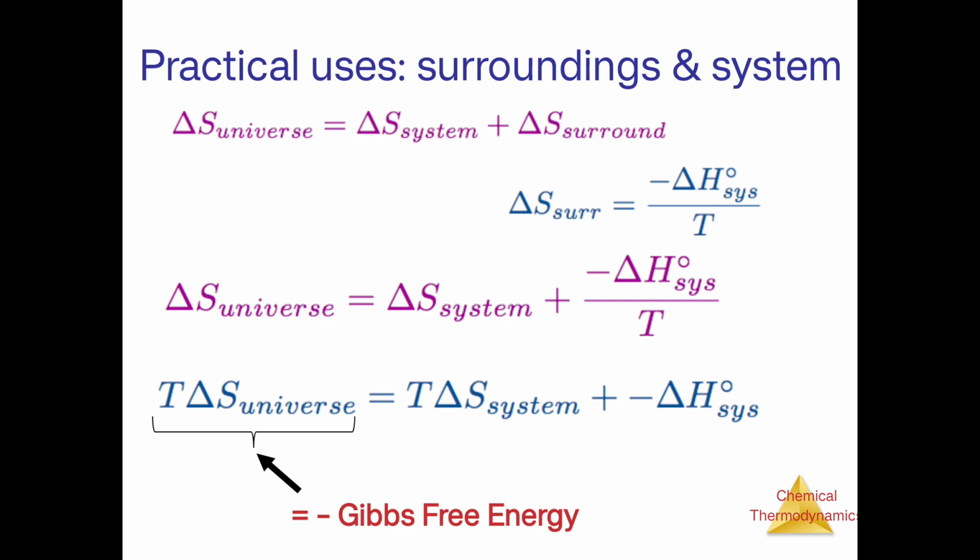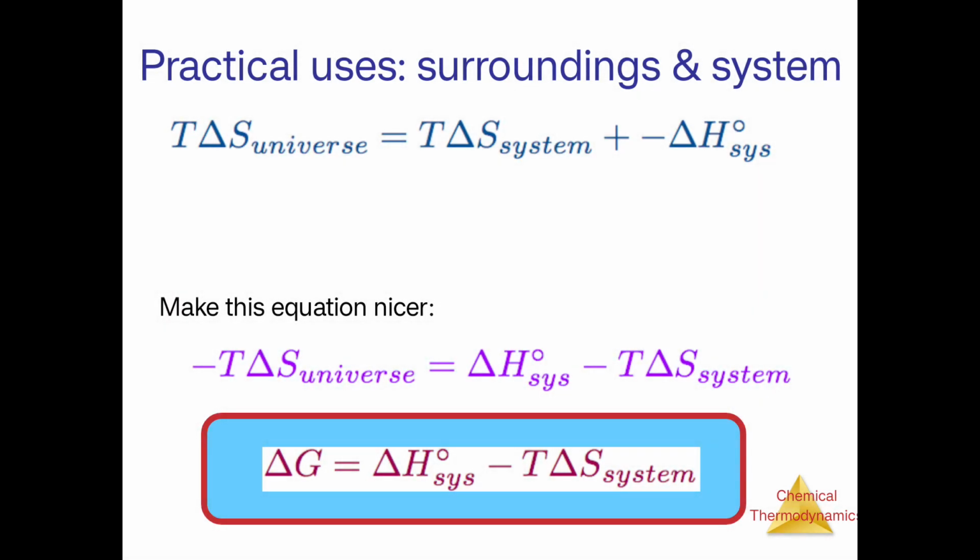the change in standard enthalpy of the system will have a more negative value. That is why, when you rearrange it, the Gibbs free energy now becomes the difference between the standard enthalpy change of the system minus the product of temperature times the change in entropy of the system.